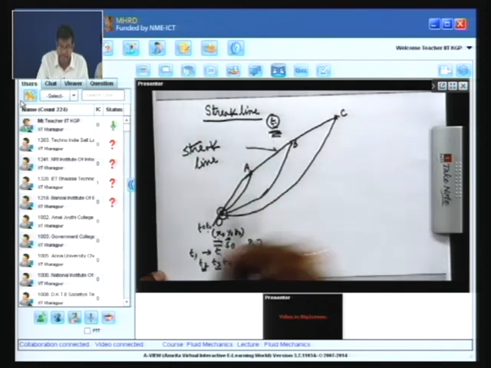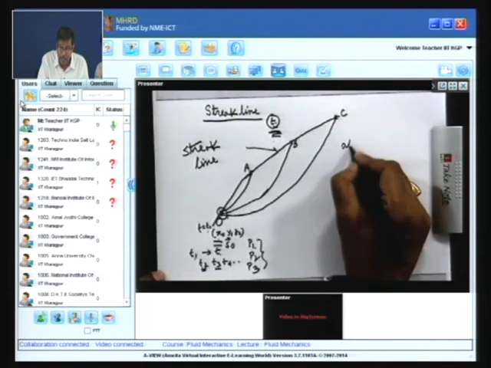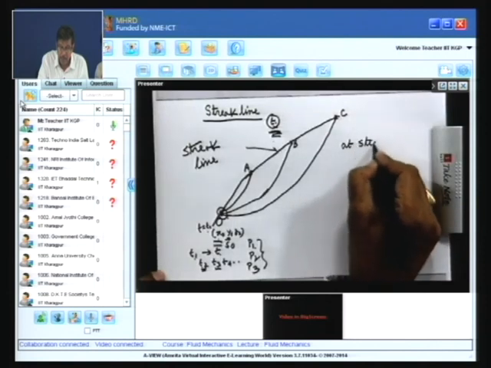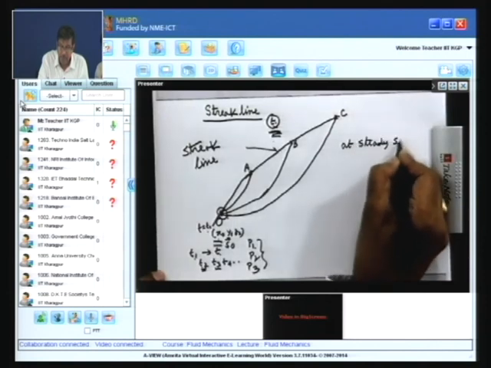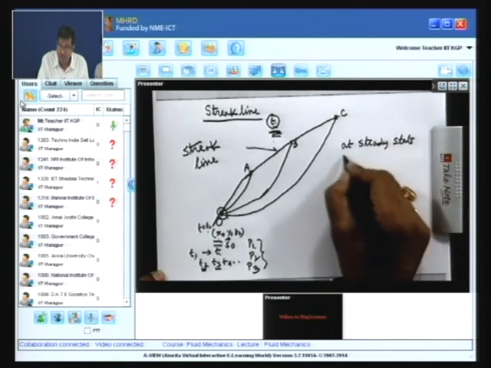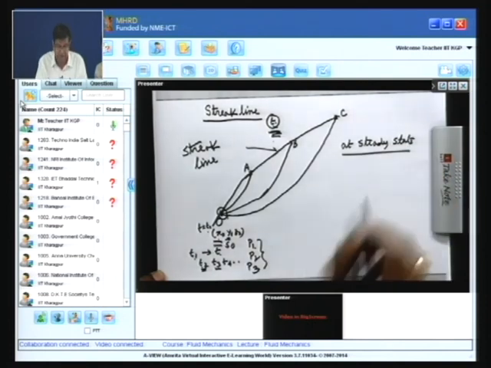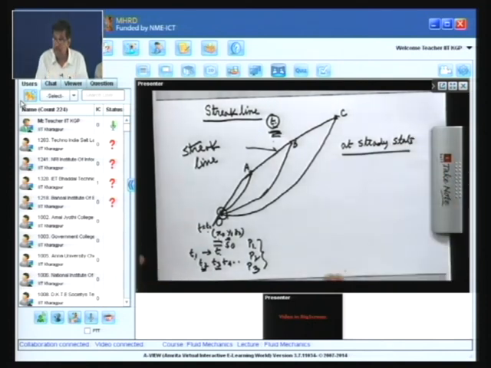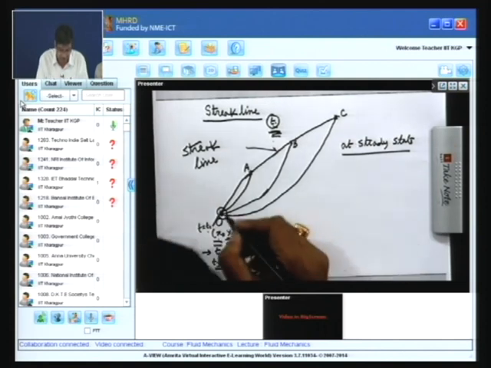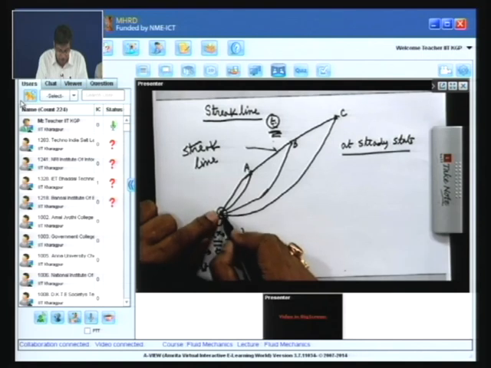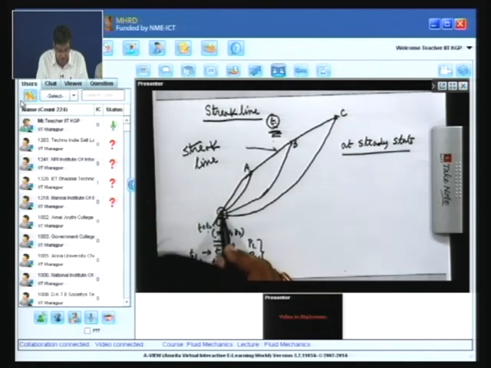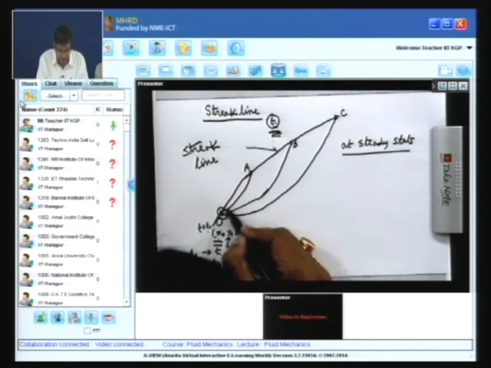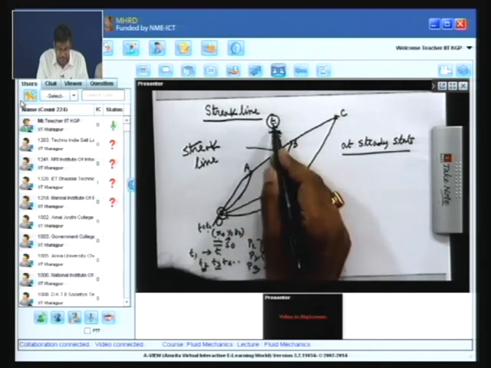Now you see at steady state what happened? At steady state, when this flow velocity is invariant with time, then streamline, path line and streak lines are the same. How? I just explained here itself. Now a point P1 which crosses here at T1 follows a trajectory like this, and at time t it comes here.